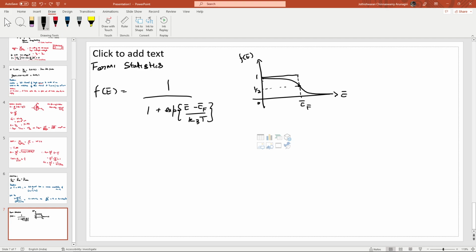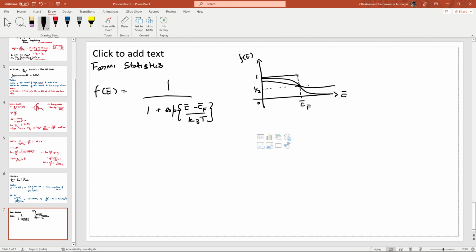So at higher temperatures, this might even fall from this value, and it might go like this and like this. But no matter what happens, at every temperature, the Fermi Dirac function at E equal to EF will have the same value, half, and this EF will not vary. Okay, so EF does not vary with temperature.